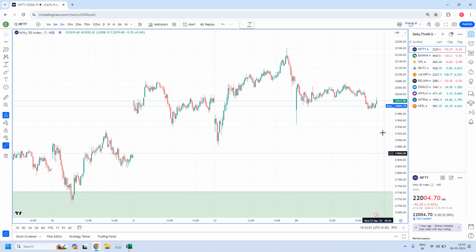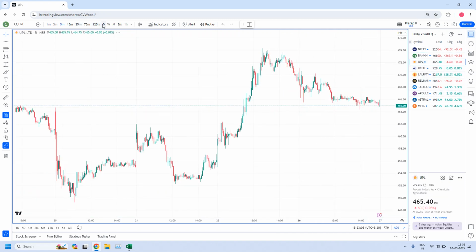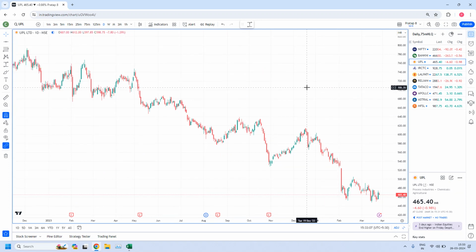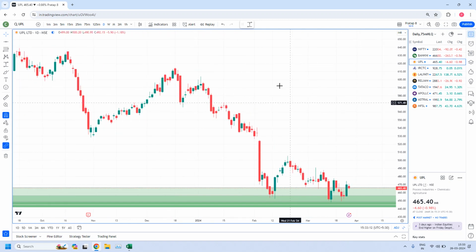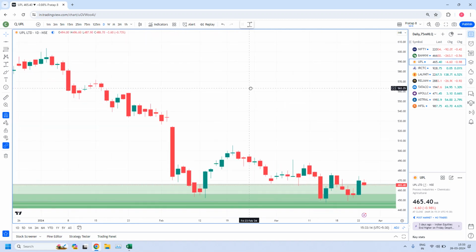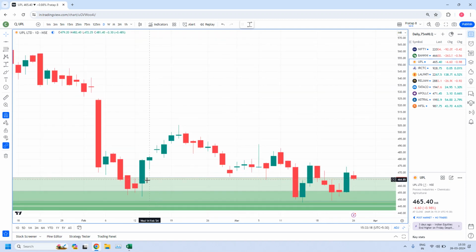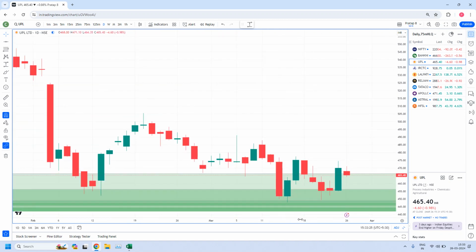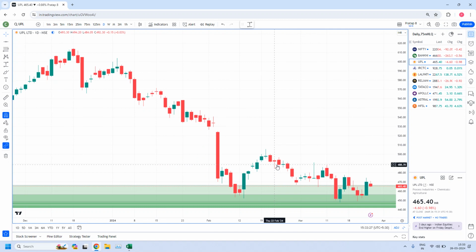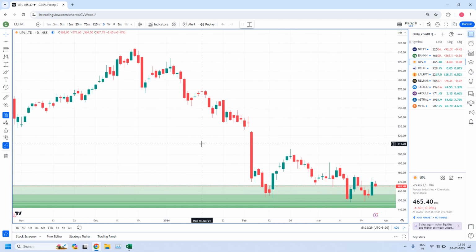The next one is UPL. UPL is a daily high liquidity zone. This is a demand zone. But prices did not enter because this is the zone already tested, the one below. And UPL analysis I already explained to you in one of the earlier videos.